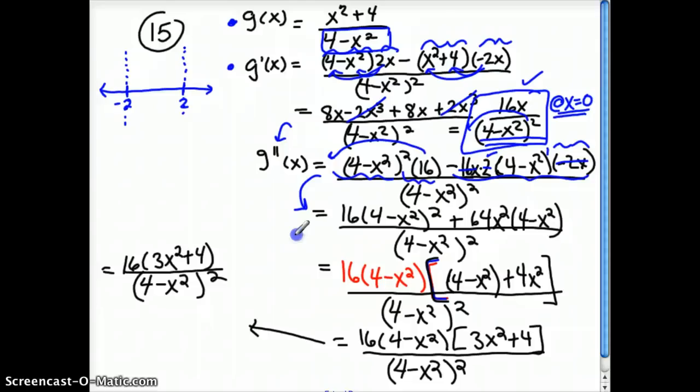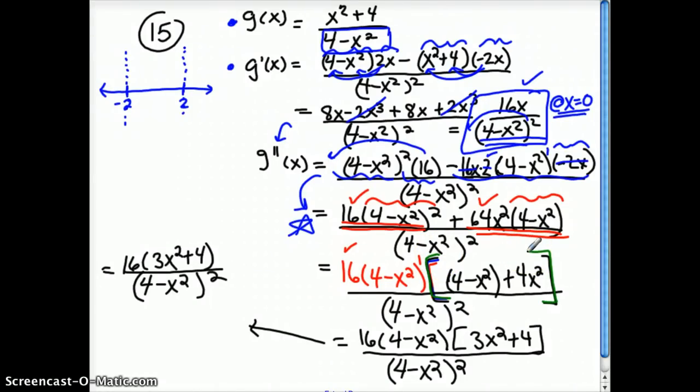Once I got to this step here, we've had this kind enough where you should go, okay, I've got a factor. So I was looking at what was in both of these terms, the one in front of the addition sign and the one in back, and I realized I had a 16 lodged in both, so I pulled that out. I also have one factor of 4 minus x squared common to both, so I pulled out one of those as well. And we talked about how for organizational purposes it's good to put these solid brackets down.